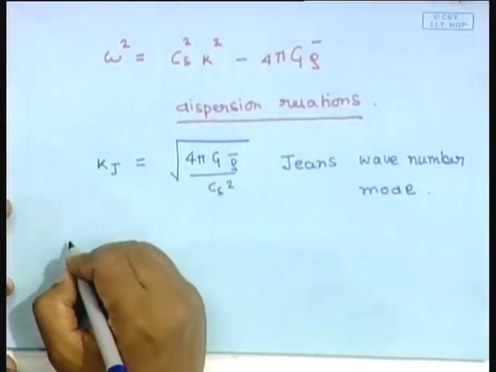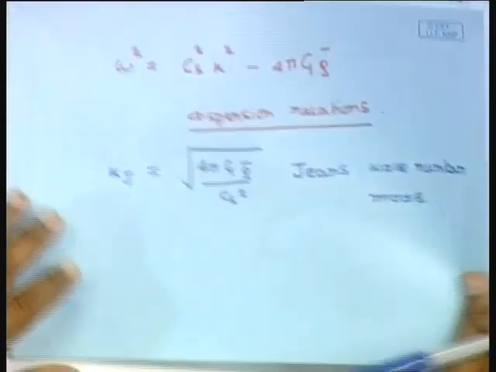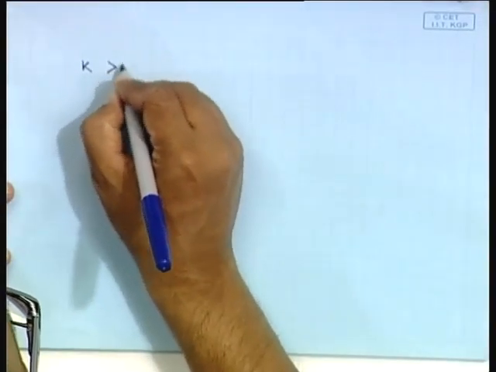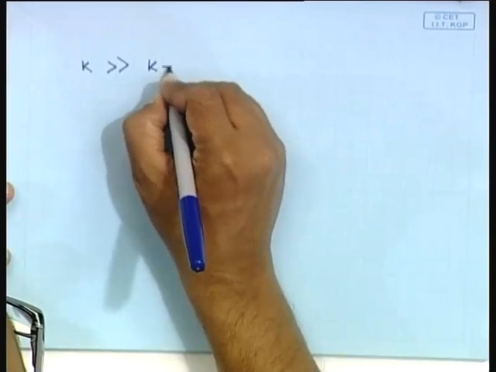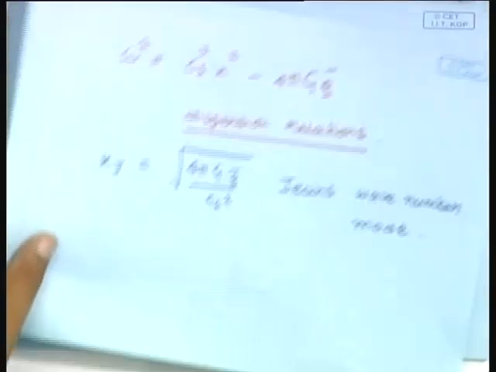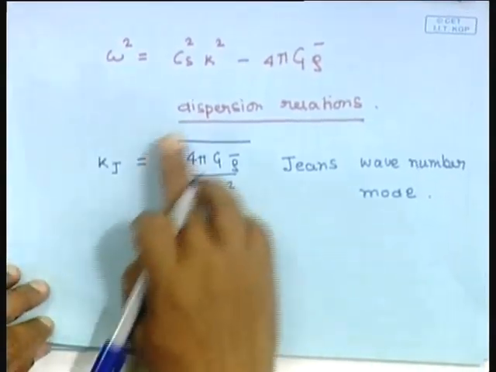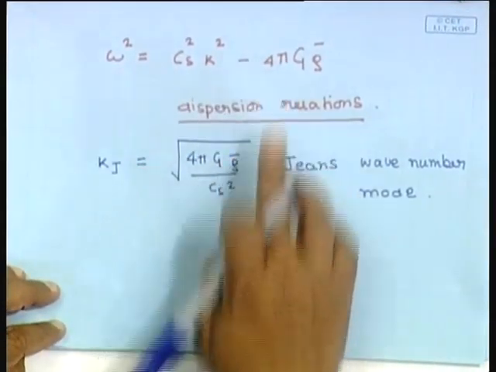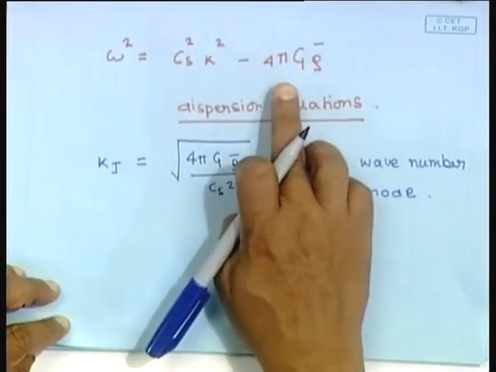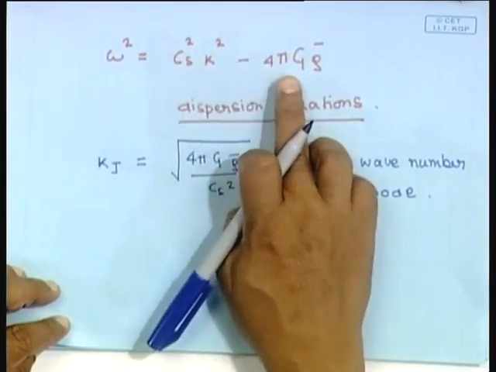let us first consider a wave with wave number K much greater than the Jeans wave number. So in this situation, when K is much greater than the Jeans wave number, you can actually ignore this term, as this term is much larger than this.